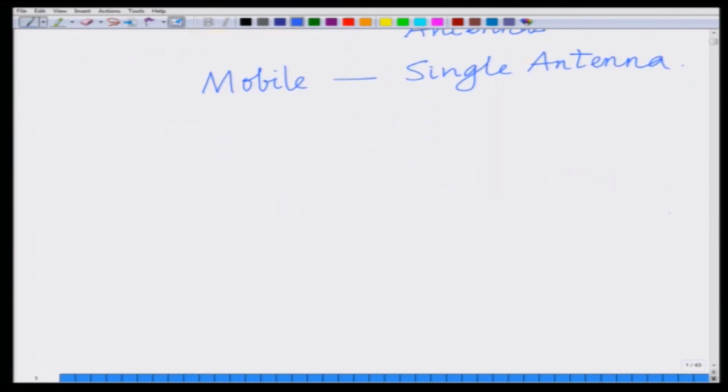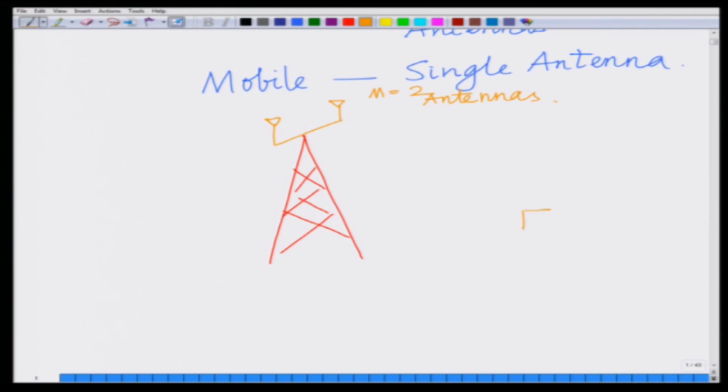So to depict it schematically, if I were to draw a schematic diagram, it is going to look something like this. I have a base station over here, and that has 2 antennas. So this is M equal to 2 antennas, and the mobile station, your mobile, has a single antenna.